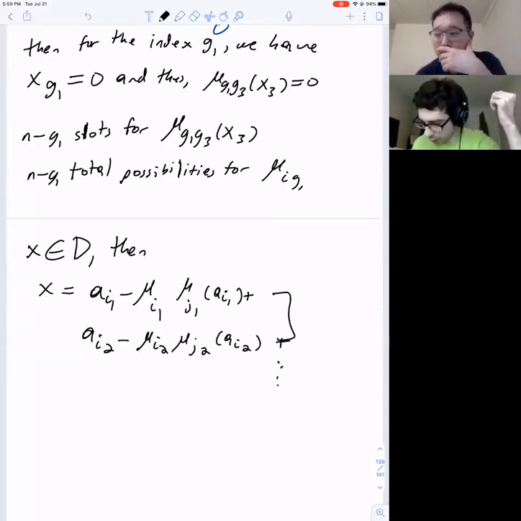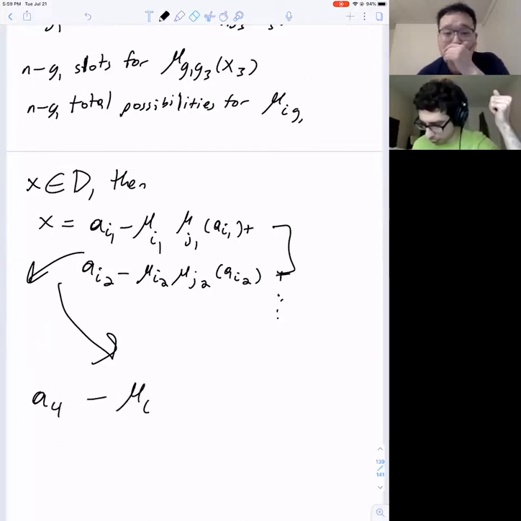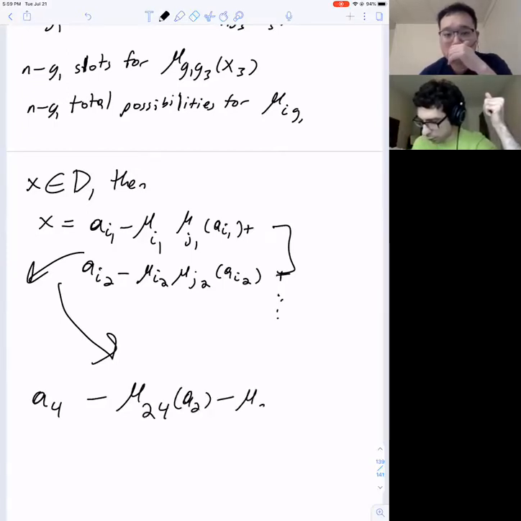There will never be a piece that comes from somewhere here and gets inserted here. So it won't be like A4 minus mu 2 4 of A2 minus mu 3 4 of A3.